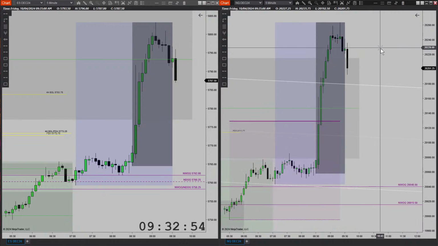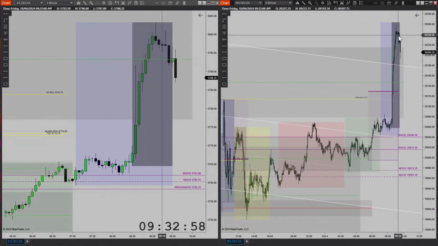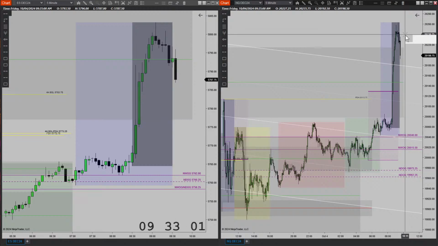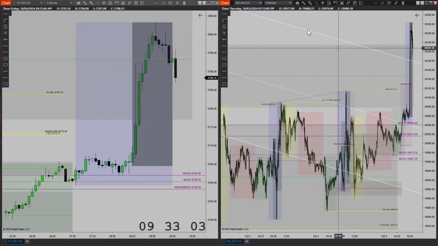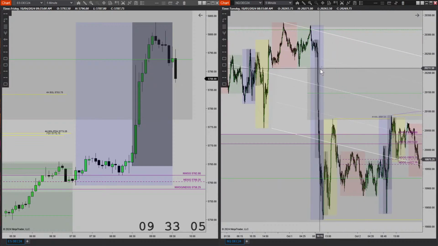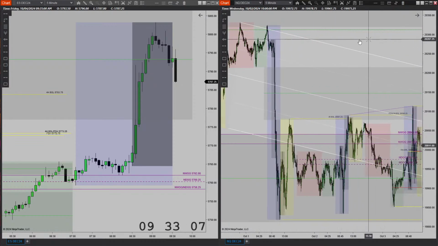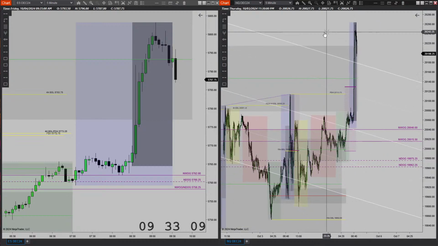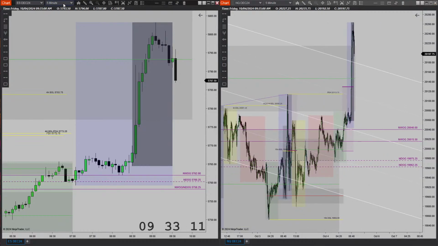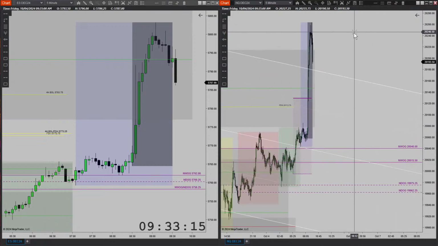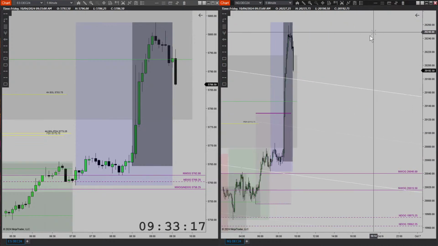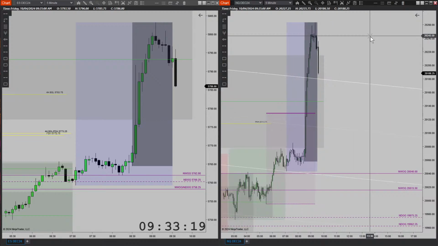I want to continue to see displacement. I want to see how price reacts here at 50% of the range. I don't want to see price create anything like that. So I'm looking for something like this. Here's where we might get the bounce.